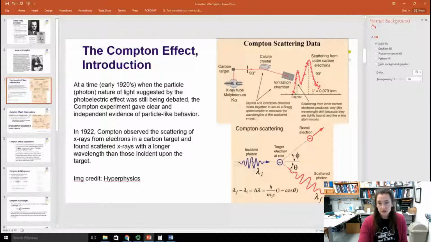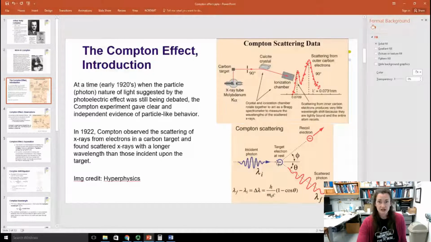Now, he described this with an equation. He derived it from first principles, using energy and momentum conservation techniques. Basically, he set it up so that it was just like a momentum and energy conservation equation that you might do in an introductory physics class with billiard balls or something like that. So he treated his incident photon as a particle that had a momentum, h over lambda, and it scattered from a target electron that was initially at rest.